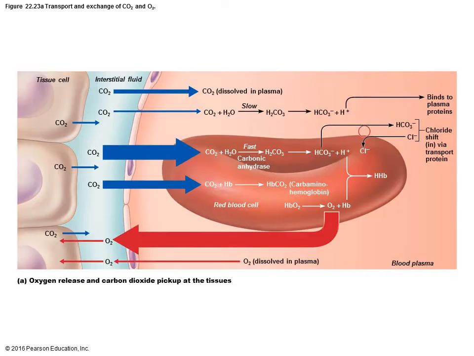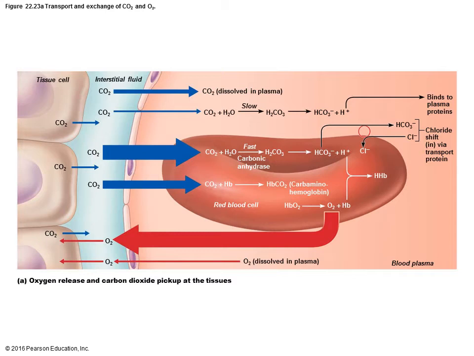This diagram is showing on the right the blood plasma, and on the left your tissue cells, with the flow in blue of CO2 from the tissues. That CO2 is flowing out of the tissues across the space through the interstitial fluid into the capillaries and then binding to the red blood cell.